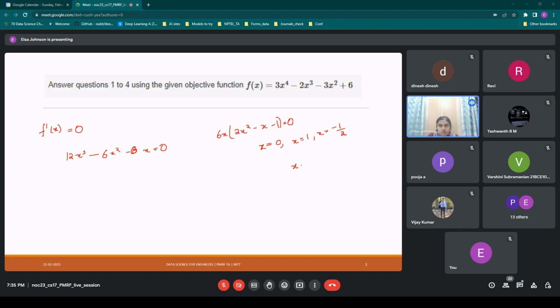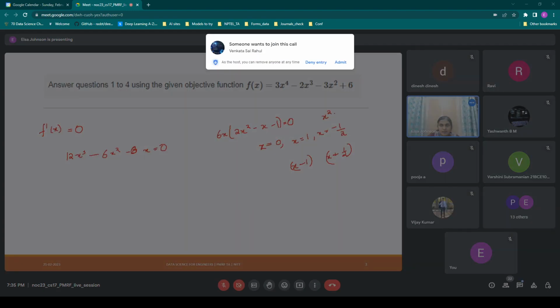This can be written as x square minus 1 by 2 x minus 1 by 2 equal to 0.